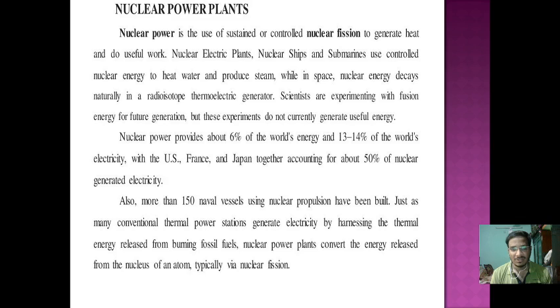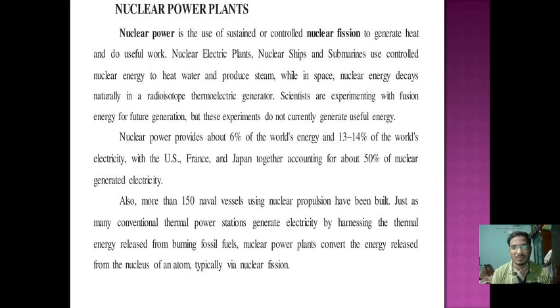In space, nuclear energy decays naturally in radioisotopes, in a thermoelectric generator. In that thermoelectric generator, in space, we are generating power with the help of radioisotopes. After that, scientists are experimenting with fusion energy for future generation.